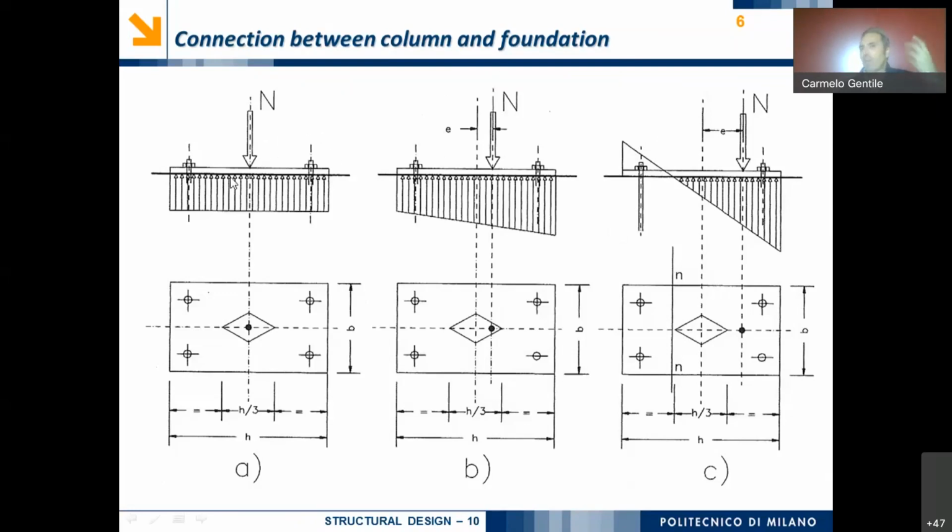can summarize this mechanical behavior by saying that in the case we have no eccentricity, or the eccentricity is quite low, basically there is a transfer of the axial force and of the bending moment through just contact pressure between the steel plate and the block in reinforced concrete.